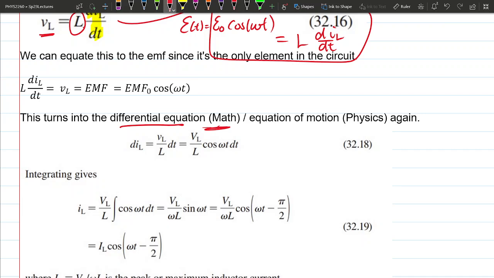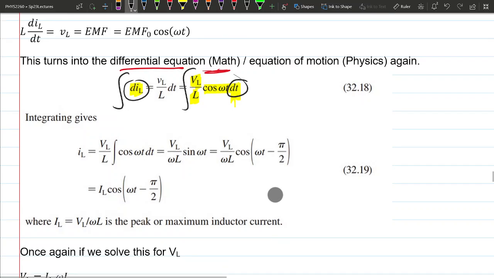If I solve this equation for di, the right-hand side turns out to be whatever the voltage across that inductor is, divided by the inductance, times this cosine of omega t thing times dt. The way you solve these types of things is you just integrate both sides to get rid of the differentials.